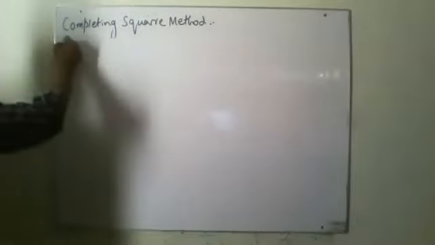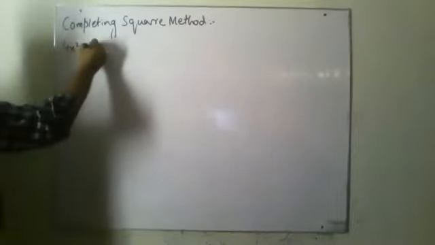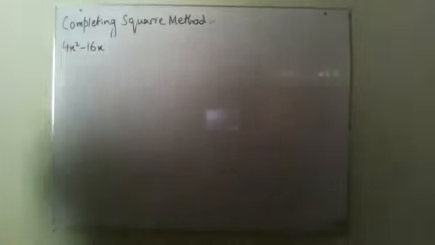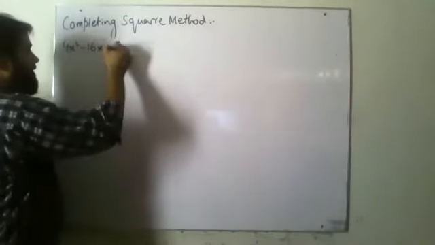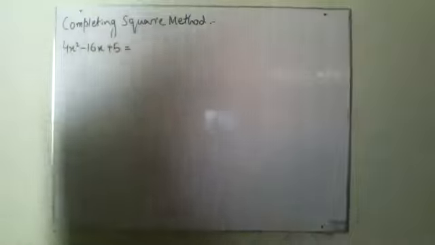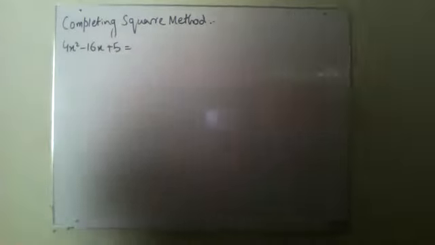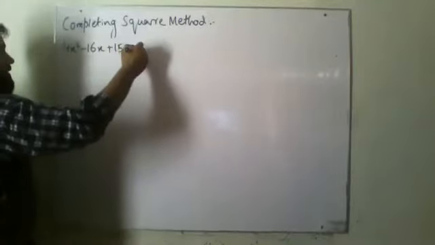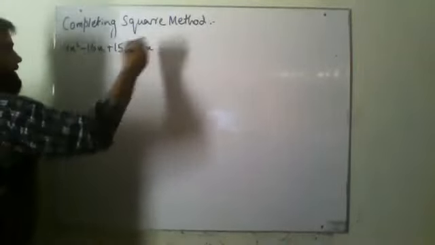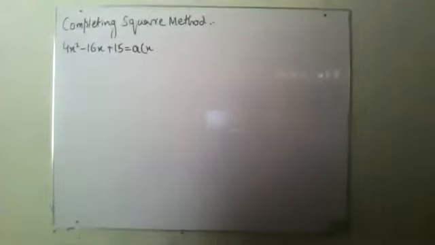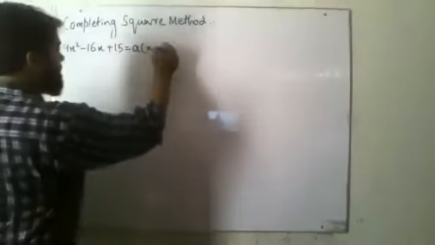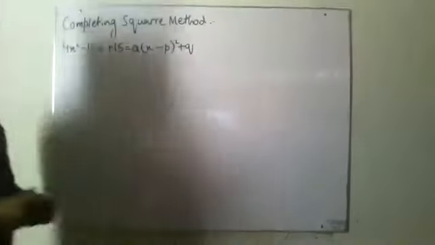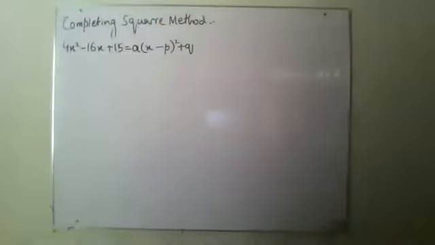given that 4x square minus 16x plus 15 is equals to a(x minus p) whole square plus q, where p and q are constants.